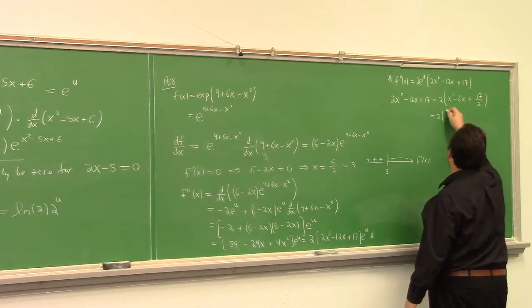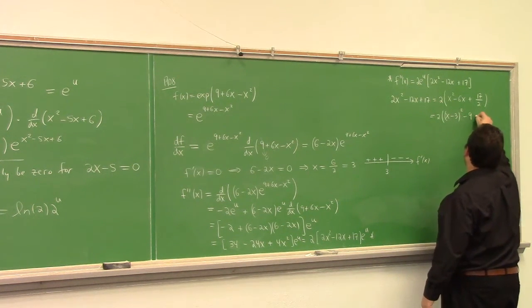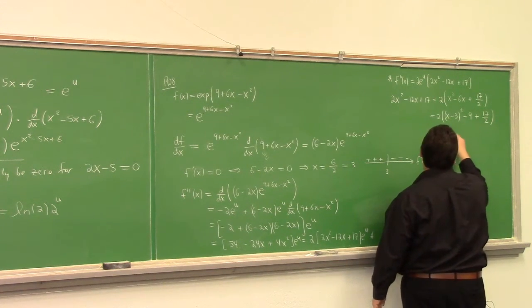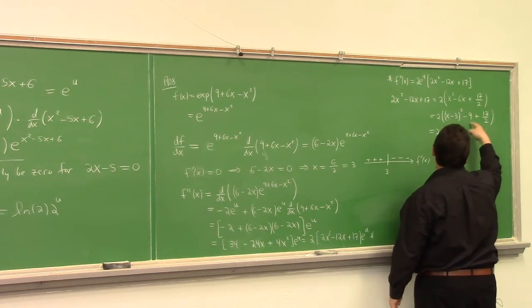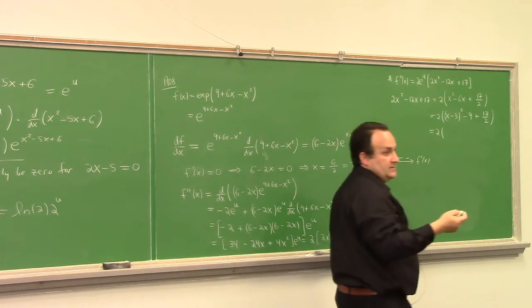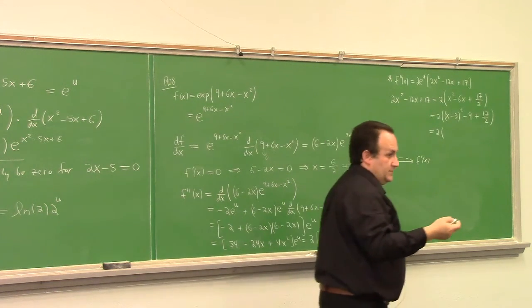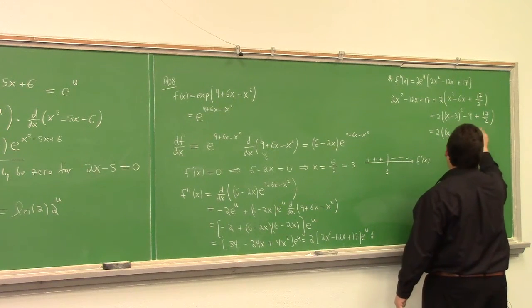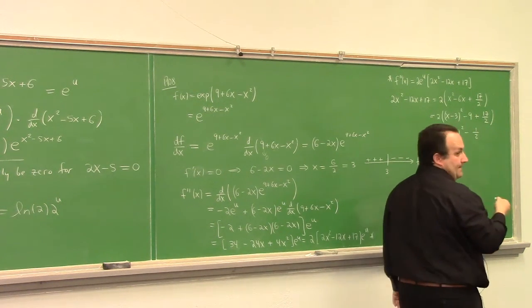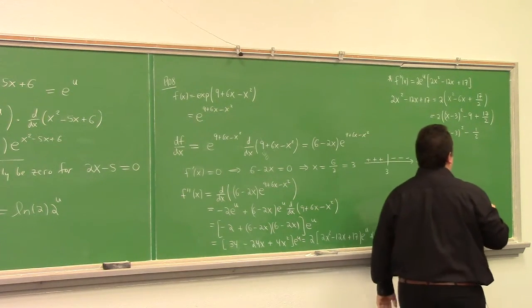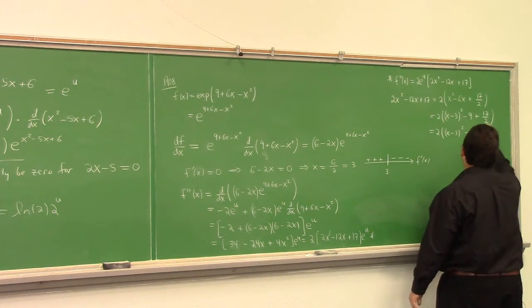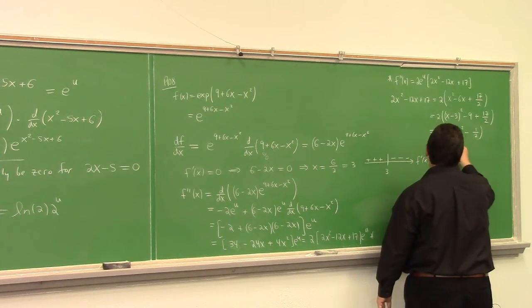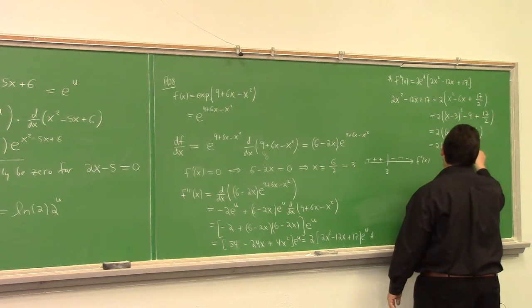That's x minus 3 quantity squared minus 9 plus 17 over 2, which is 2 times, so that's 18 halves, right? And so then that's 2 times x minus 3 plus 1 over root 2.